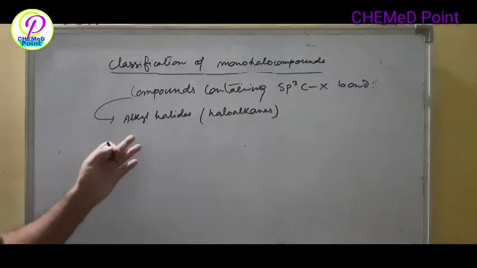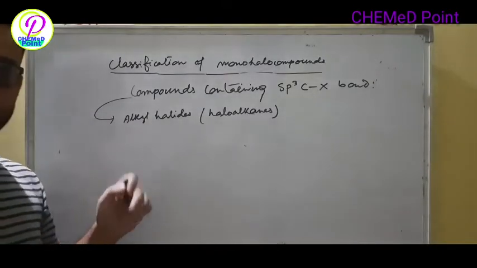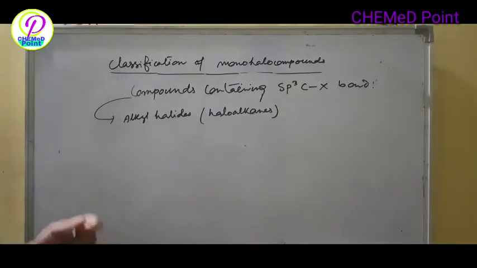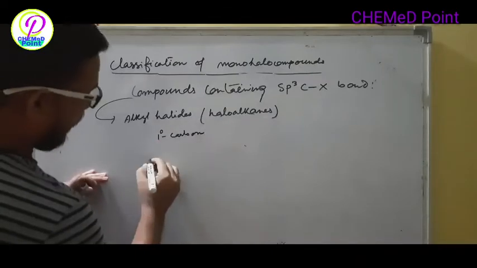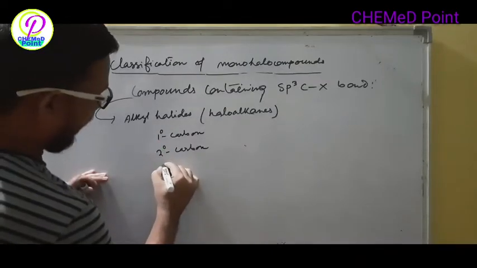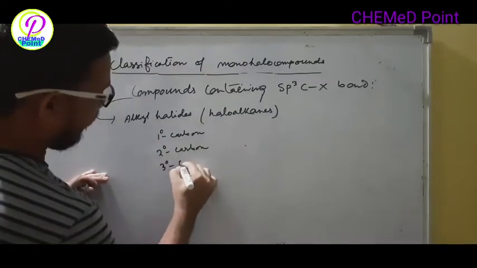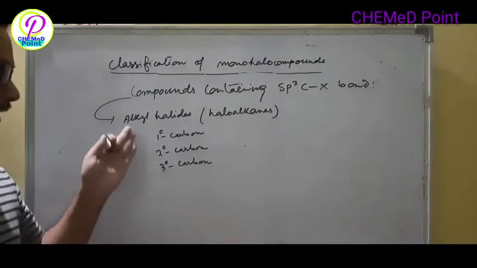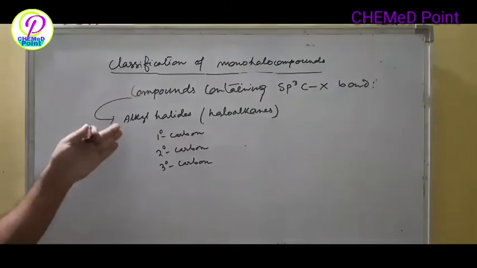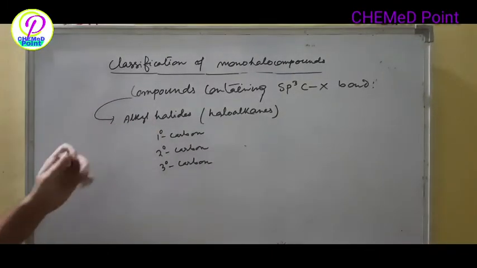In alkyl halides there are three types of carbon we know: primary carbon, secondary carbon and tertiary or 3-degree carbon.